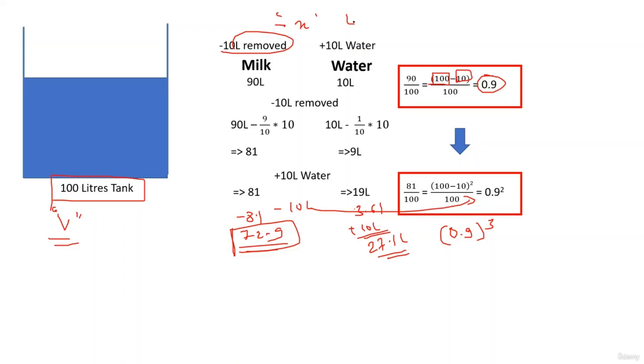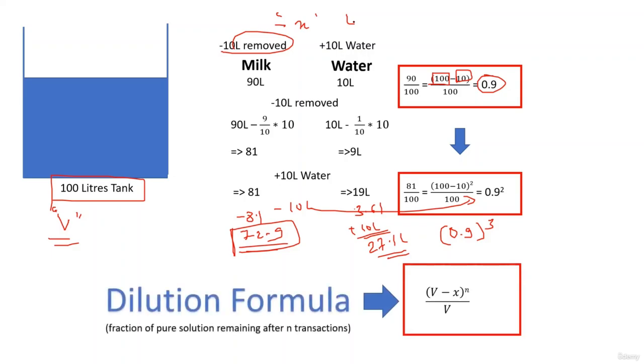So what we are doing, it is called as the process of dilution. And the final fraction of what basically will remain, it is given by the dilution formula. So final fraction of milk that will remain is, हमने v liters में से x liters निकाला upon v the whole raised to n. This is called as the dilution formula.